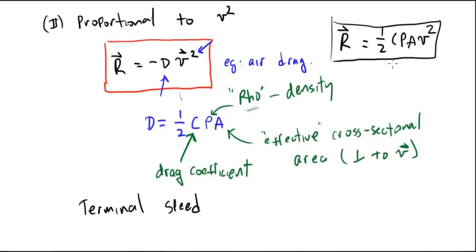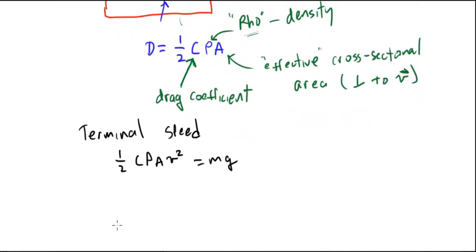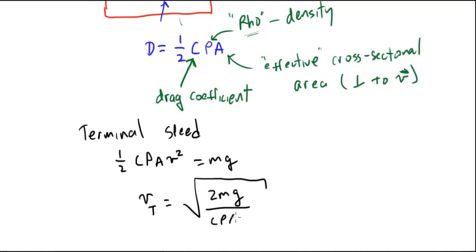In other words, 1/2 C rho A v squared equals mg. And so we could come up with an equation for v that will give terminal speed. I'll call it v_t. It's going to be the square root of 2mg divided by C rho A.